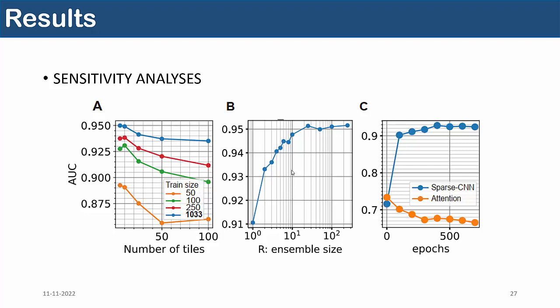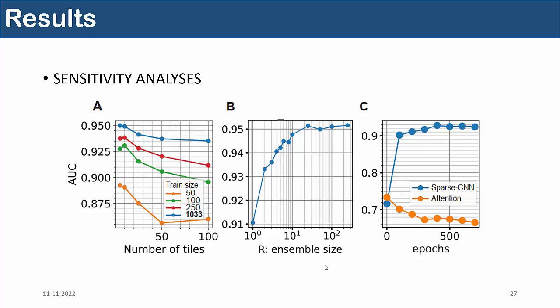Then a sensitivity analysis was also performed by the authors, and they found that for a lesser number of tiles, they were getting better accuracy with different train sizes. So when the number of tiles was less, their accuracy was better. Fewer tiles, the better. Next is ensemble size.